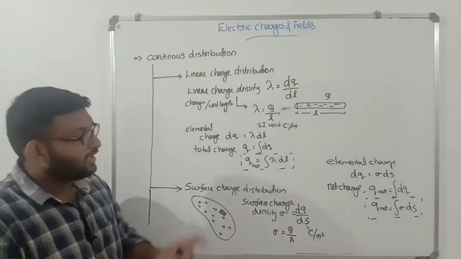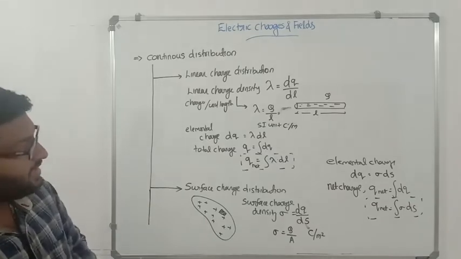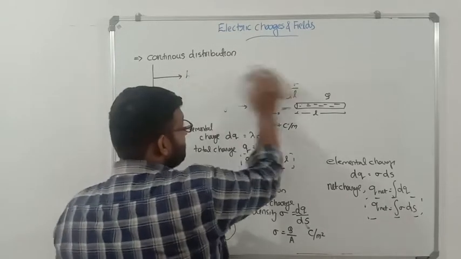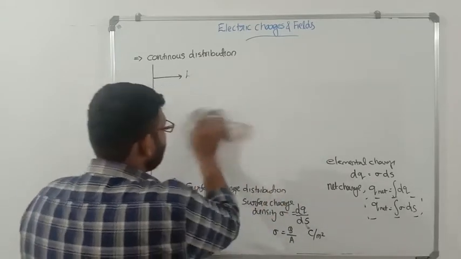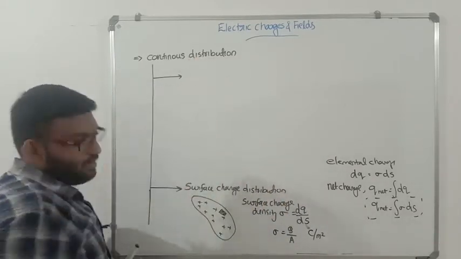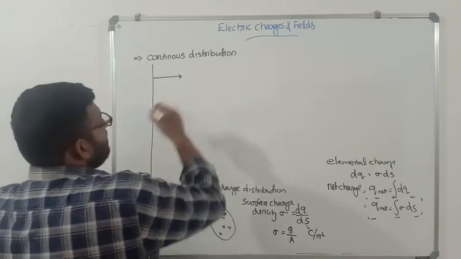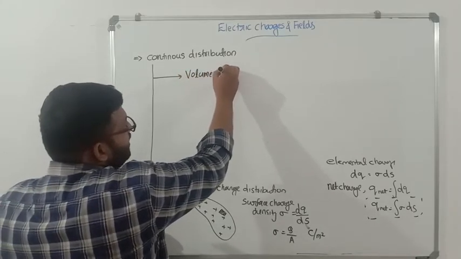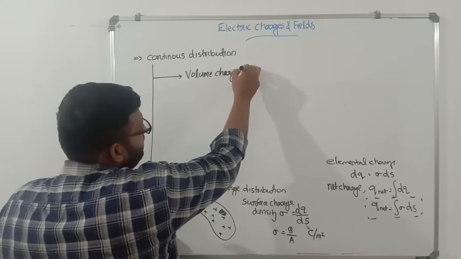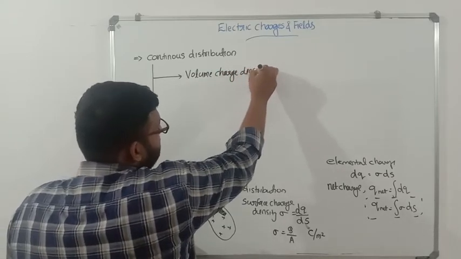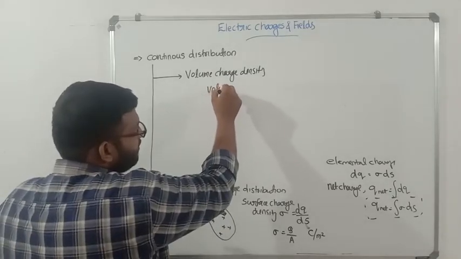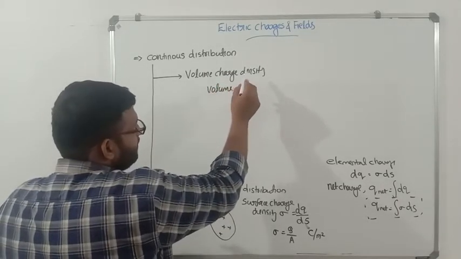Now there is one more idea we have to discuss, which is called volume charge density. As we already discussed, it comes from volume charge distribution.